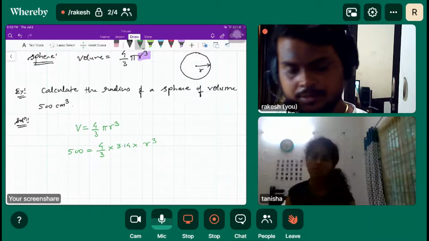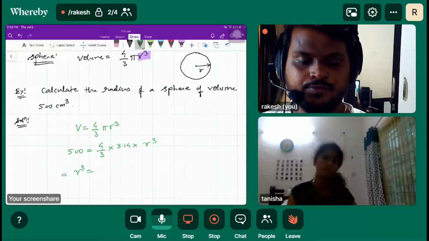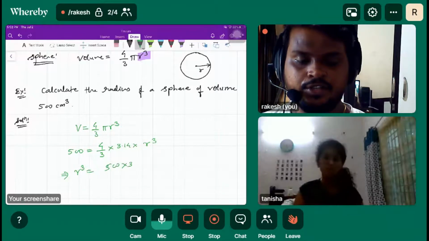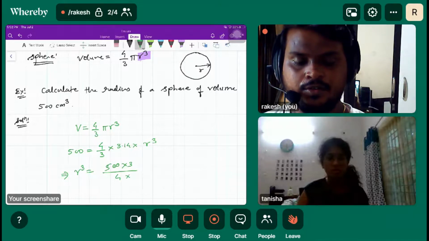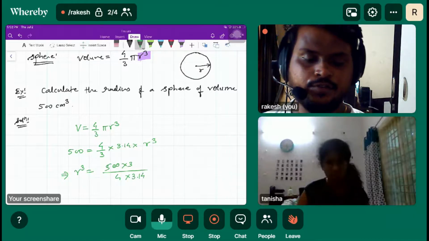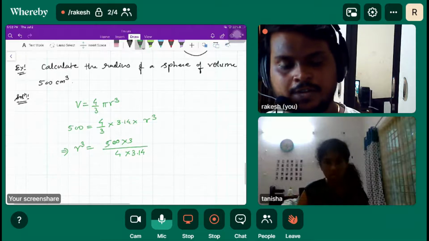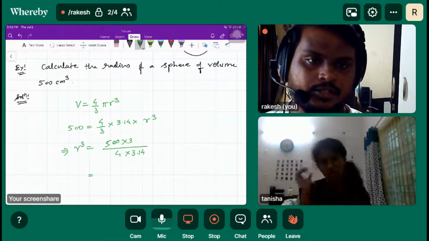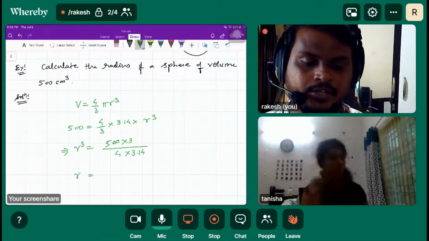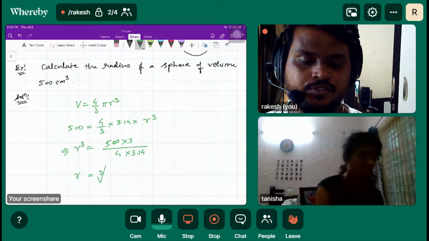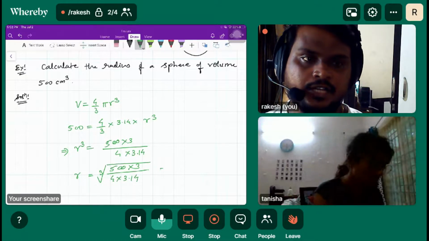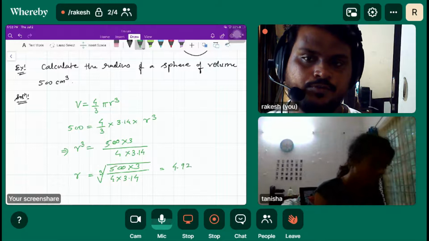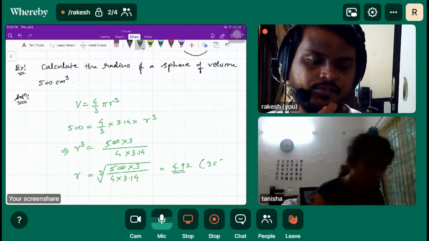So r cube is equal to 500 into 3 upon 4 upon 3.14. You'll have to use calculator for this, and you have to find out cube root of the whole thing. The answer should be 4.92 for three significant figures.